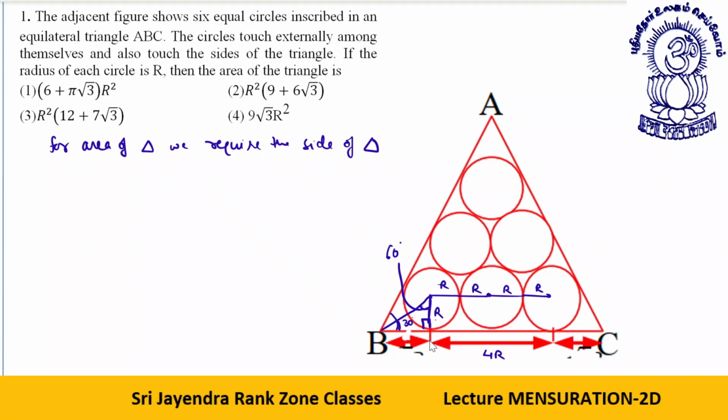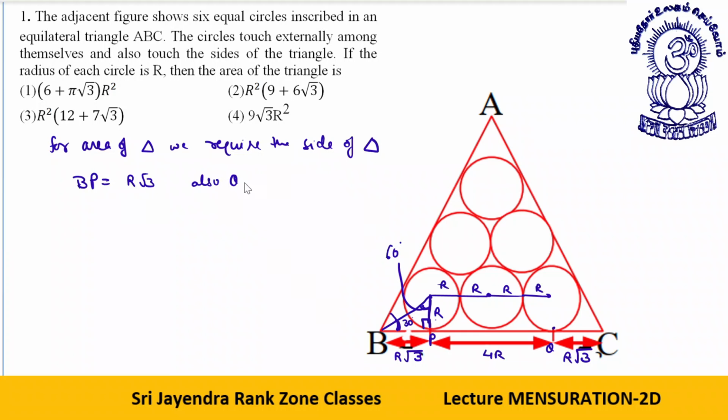Therefore, let's say these points are P and Q. Let's say this is P and this is Q. So BP will be equal to how much? Like see here, in front of 30 degree this is R. So in front of 60 degree it will be R root 3. Getting it, my dear students? So BP is equal to R root 3. Similarly, QC is also R root 3.